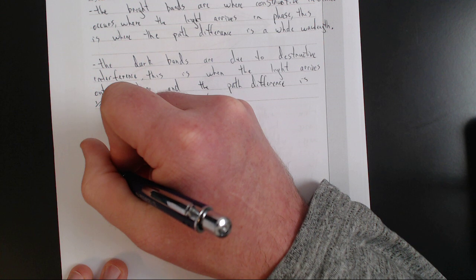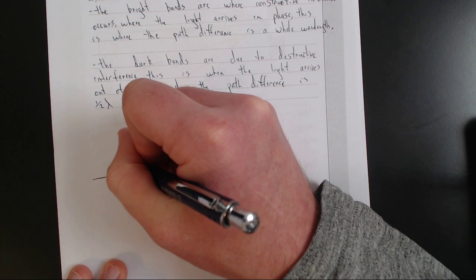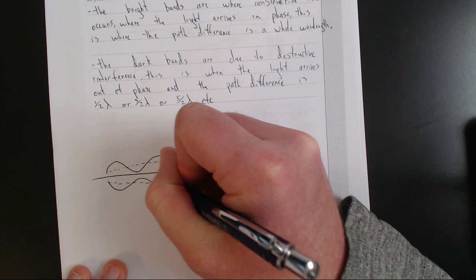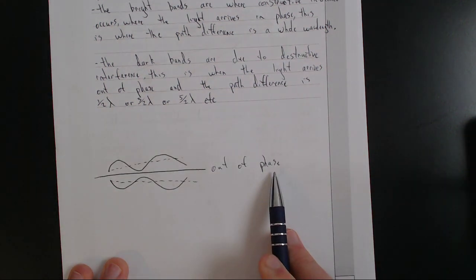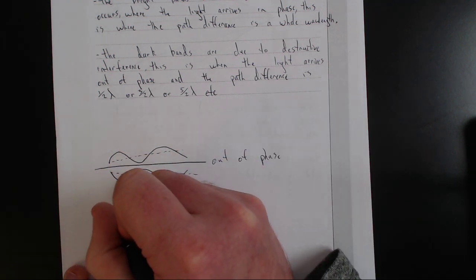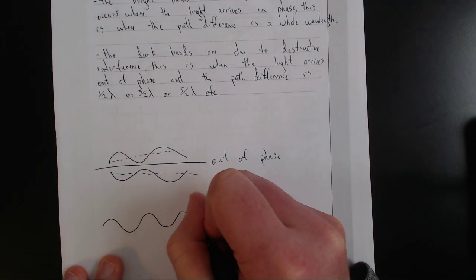So if this was meant to be my axis as well, I've drawn this terribly, but I'm trying to explain it. So they're out of phase. I should be using a ruler and doing it neatly, but I'm not. Then I'll draw this again, maybe better this time.